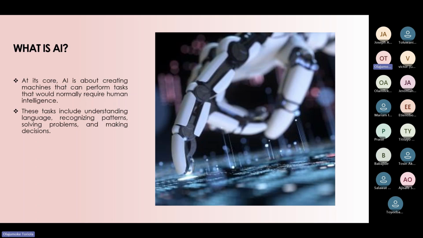In recent years, AI has progressed quickly due to the abundance of data, the robust computing power available today, and the advancement in algorithms and methodologies that people are using to create these models. So you find that AI has evolved.